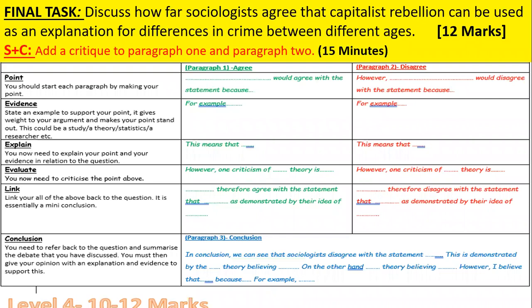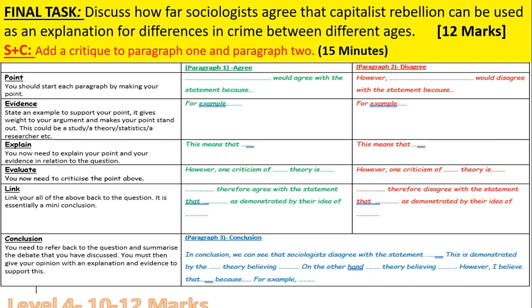Right, so you've got your theories there. We've been through functionalist, Marxist, interactionist, and feminist. So now I'd like you to spend the last bit of the lesson answering this 12 marker. Discuss how far sociologists agree that capitalist rebellion can be used as an explanation for differences in crime between different ages. So that first paragraph is clearly Marxist.